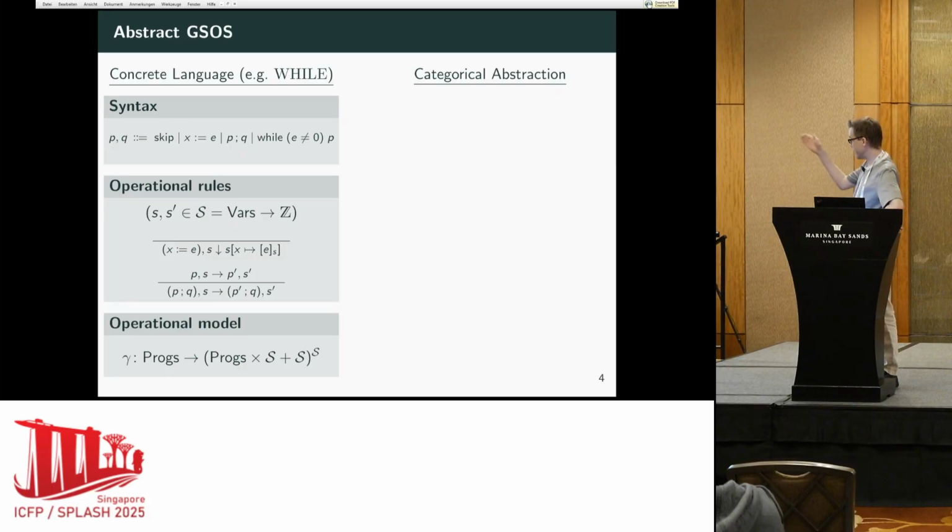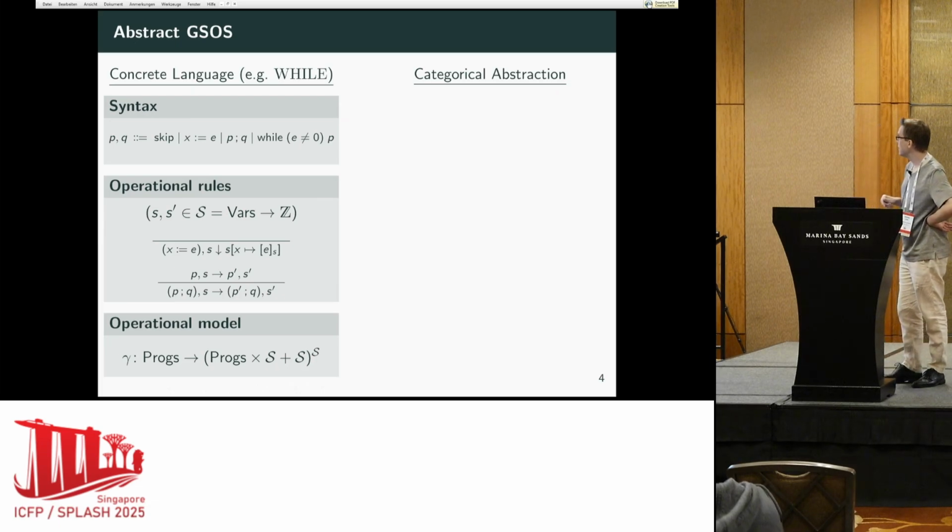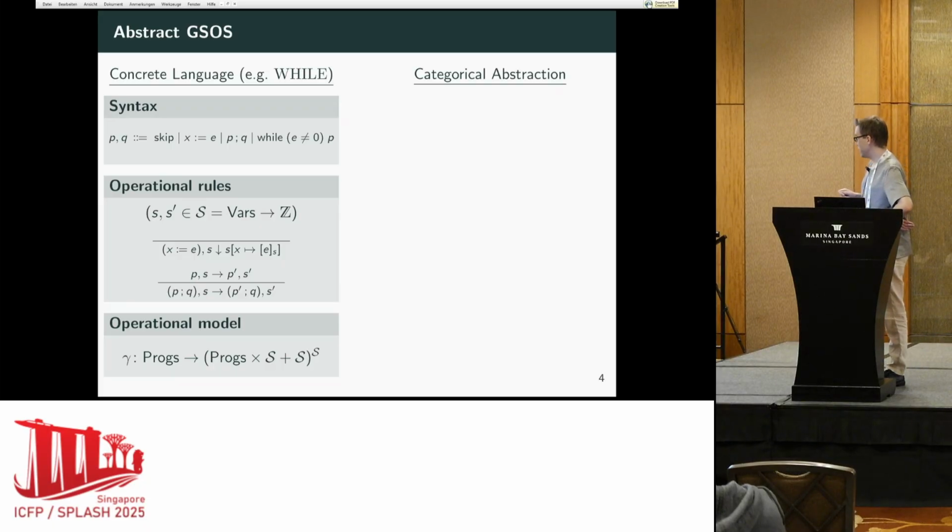The state, in this case, just being an assignment of variables to integers, so very simple. And these rules induce an operational model, which is a kind of transition system on the set of programs. So in this case, you take a program, you take a state, and then you either move to another program and another state, or just to a state, terminate, right?